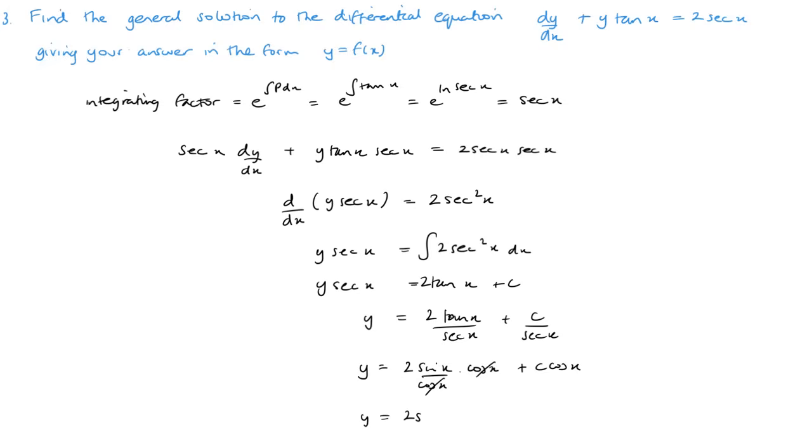So this is 2 sine x plus c cos x. And this is question 3 complete. Let's have a look at number 4.